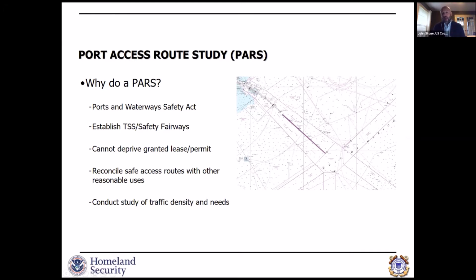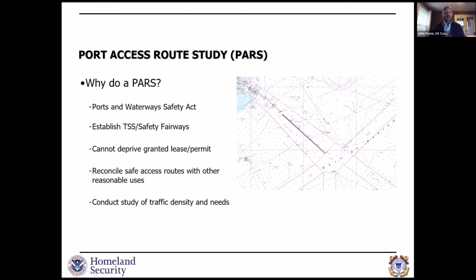But before we cordon off those portions of the waterways for TSSs and safety fairways, there are a couple of things we are also required to do. First and foremost, the law says that we cannot deprive any granted lease or permit. So in designating the traffic separation scheme or the fairway, we can't take away a right already granted by a previous lease or under any other provision of the law.